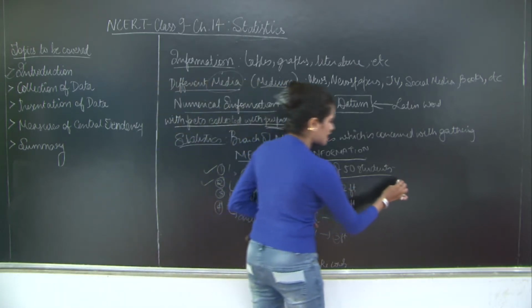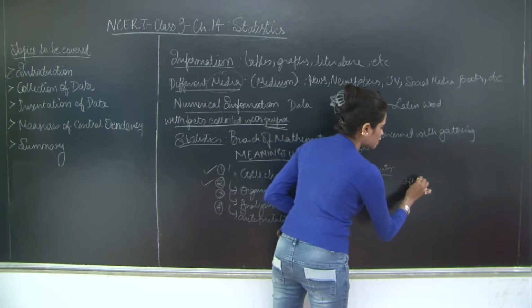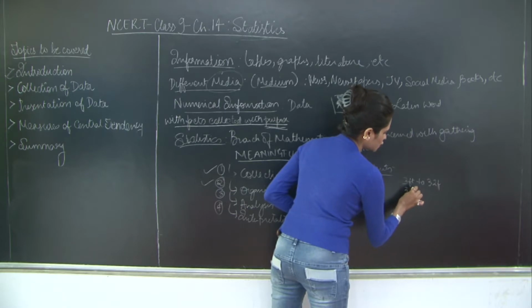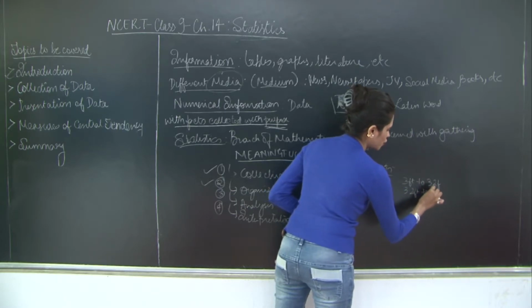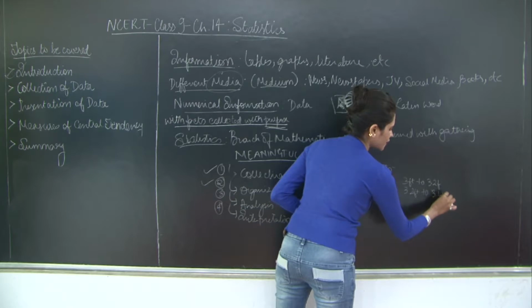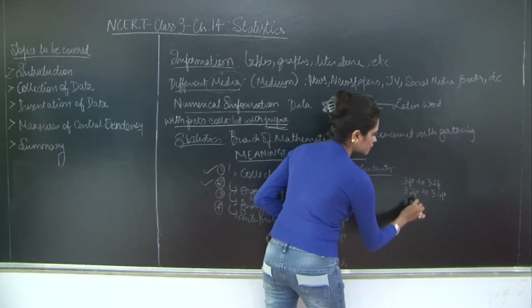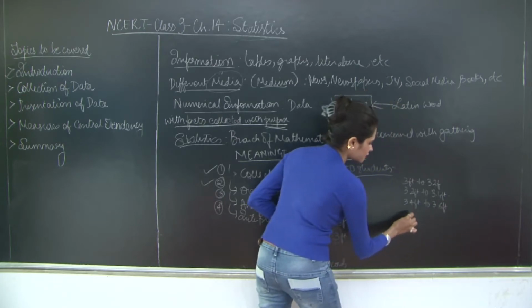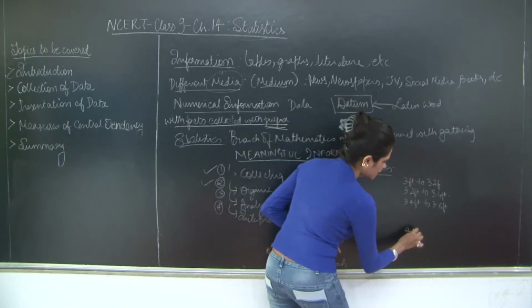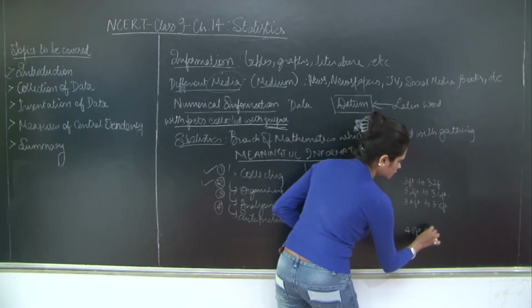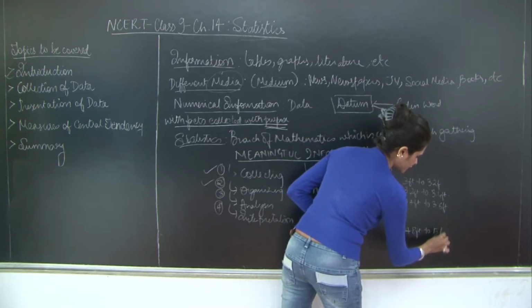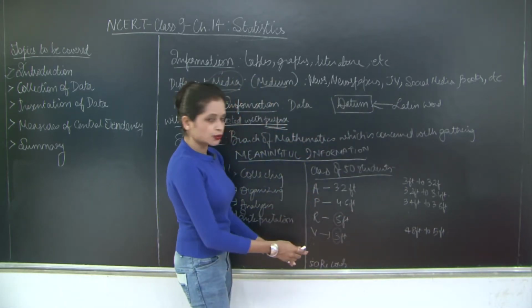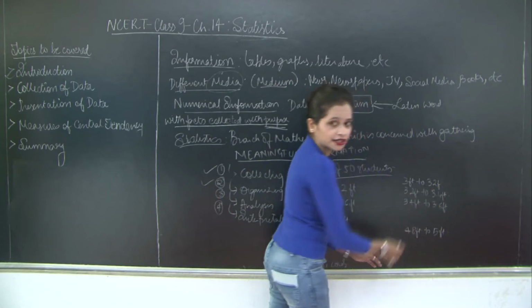So I will write 3 feet to 3.2 feet, then 3.2 feet to 3.4 feet, then 3.4 feet to 3.6 feet, and from 4.8 feet to 5 feet, right?